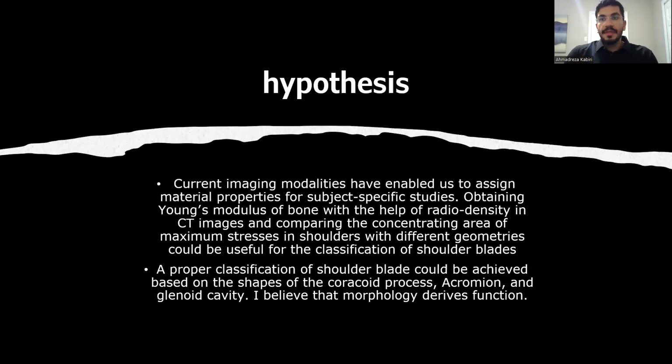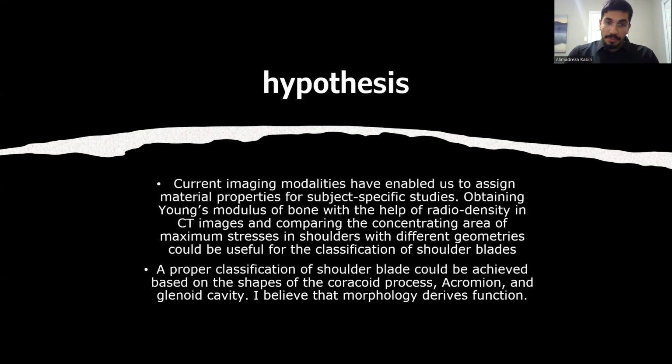So at the end, I would like to introduce my hypotheses, which is current imaging modalities have enabled us to assign material properties for subject-specific studies. Obtaining Young's modulus of bone with the help of radio density in CT images and comparing the concentrating area of maximum stresses in shoulders with different geometries could be useful for the classification of shoulder blades.